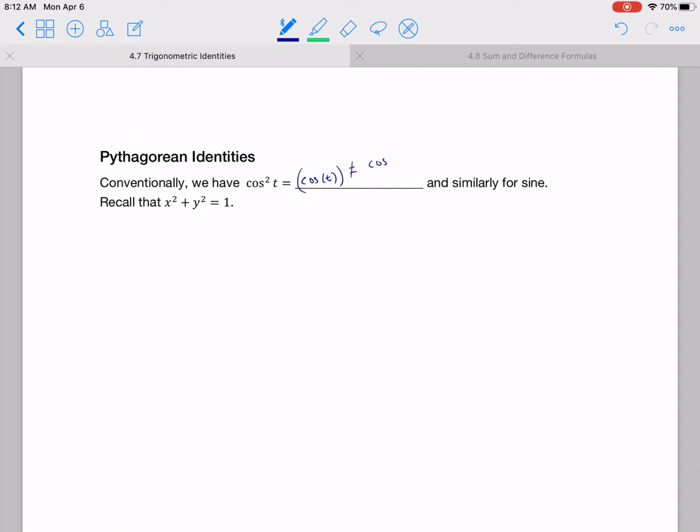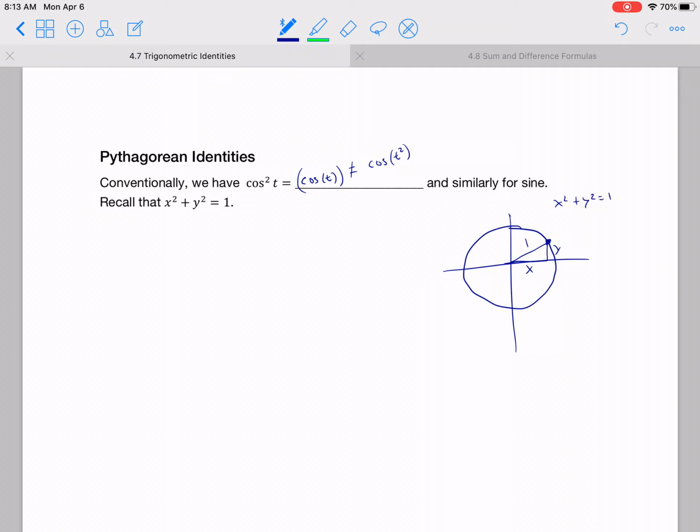It's not this. Those are not equal. And similarly for sine, we have x squared plus y squared equals 1, and that's from our unit circle. Take any triangle we want in there. This is the x side, this is the y side, this is 1, and so x squared plus y squared equals 1.